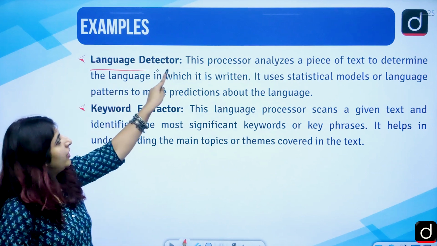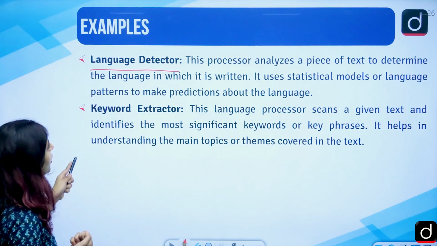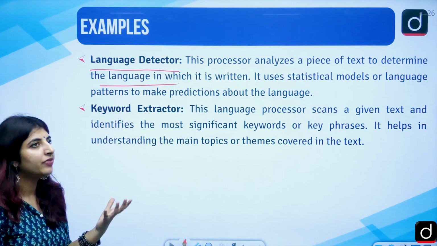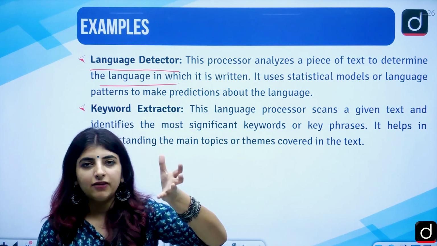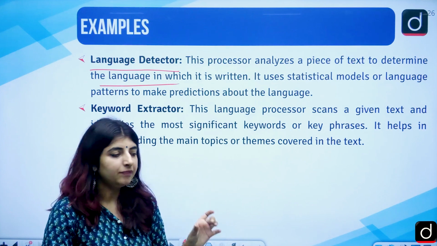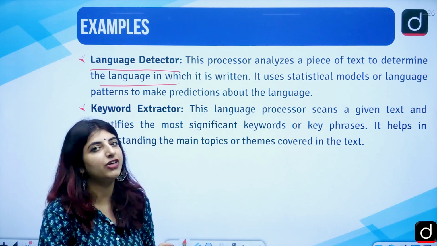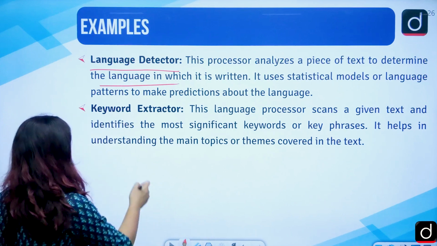Then we have the language detector, to see in which language the text is written. On certain bottles there is Chinese, and we get confused between Chinese, Japanese and Korean. I do not know particularly, so I use Google Lens to translate it. The language detector will detect the language in which that particular thing is written.